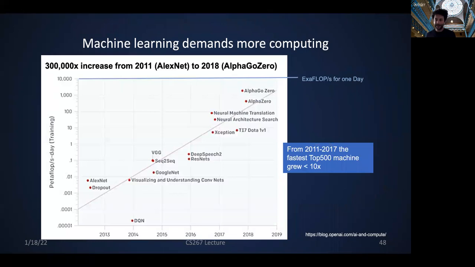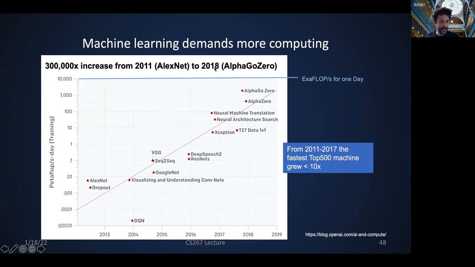But the actual problem from the perspective of computing is that this figure from OpenAI shows the computing need of different deep learning models over the years, starting from AlexNet in 2012, I think. And it ends in 2019. I believe the trend is still continuing.